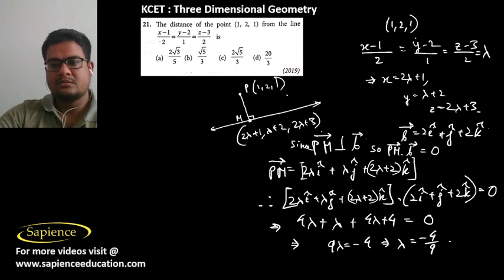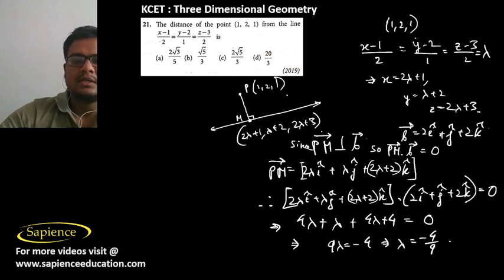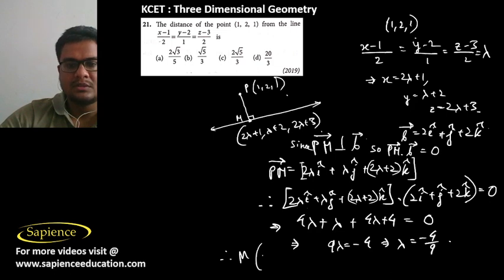So lambda is minus 4 by 9. Therefore, the point M, that is 2 lambda plus 1, that is minus 8 by 9 plus 1, comma lambda plus 1 plus 2, that is minus 4 by 9 plus 3, and 2 lambda plus 3, that is minus 8 by 9 plus 3.